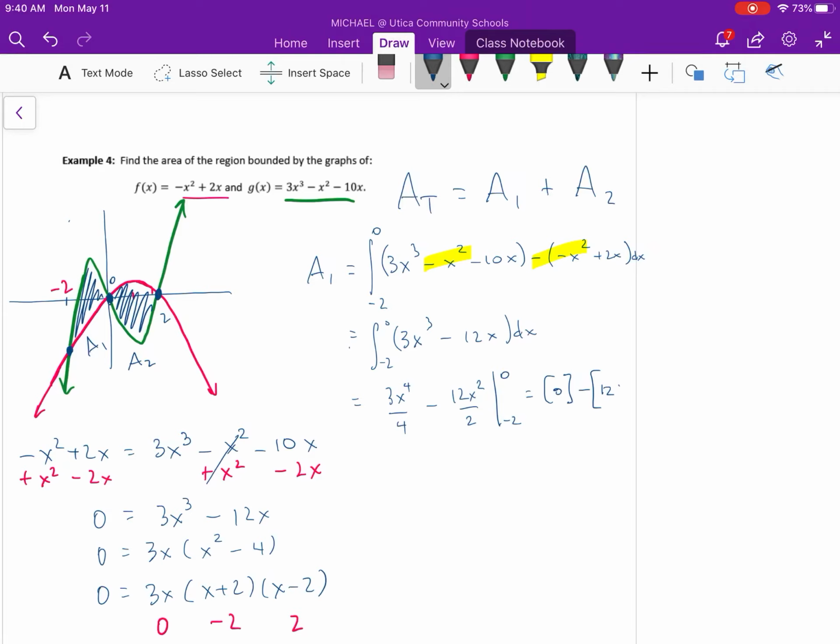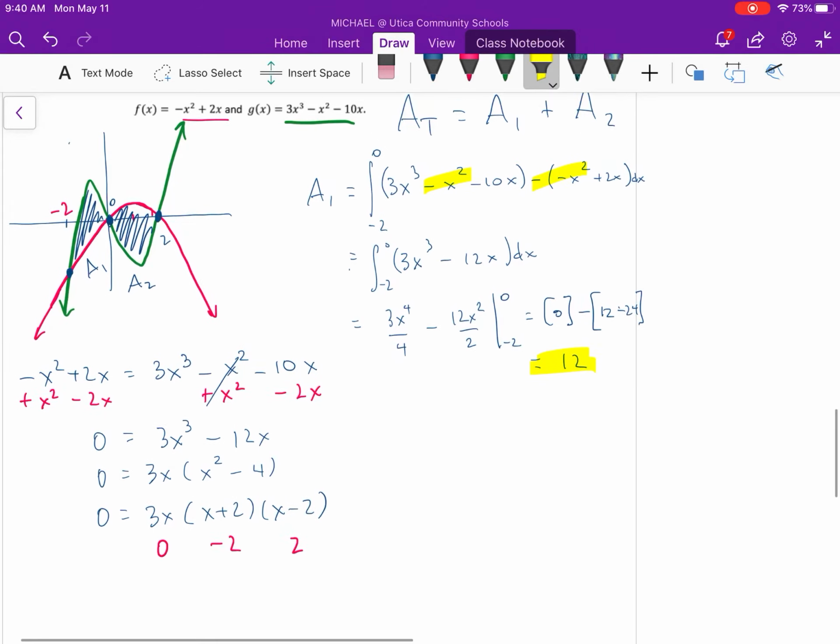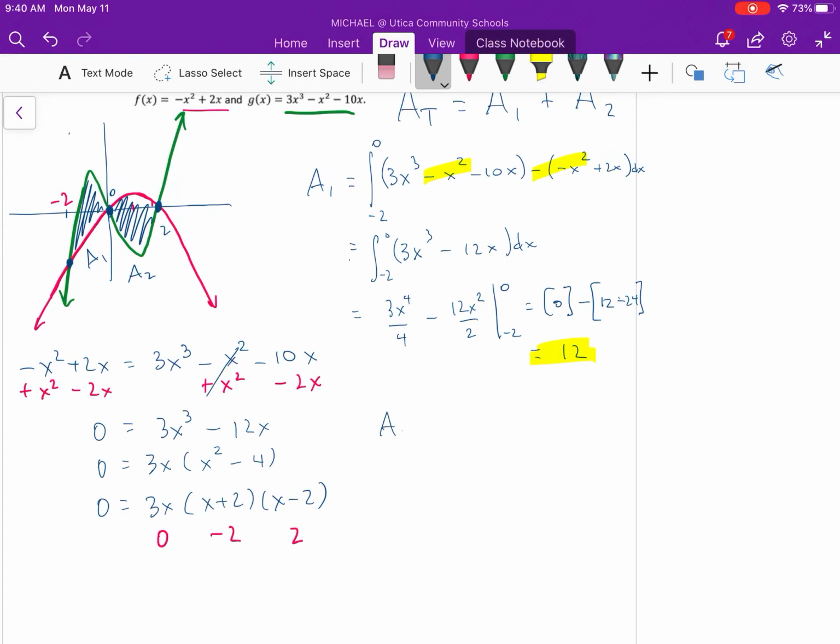I get 16, 4, 12 minus, let's see, 6 times 2 squared, 6 times 4 is 24. So I get 12 minus 24 is negative 12, and then the opposite of that is 12. So that's the area of 1.